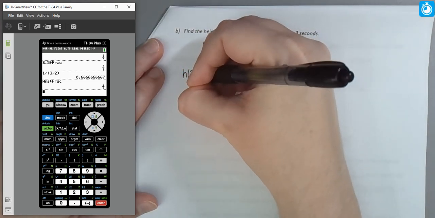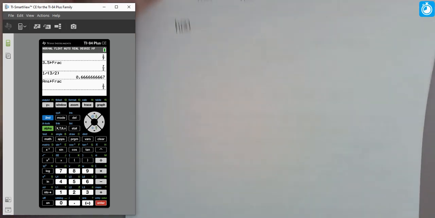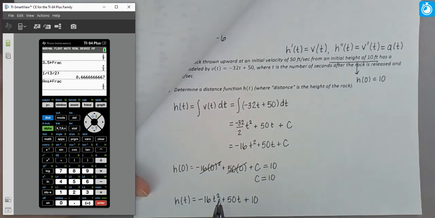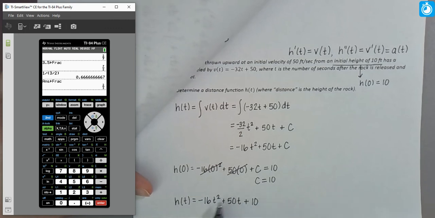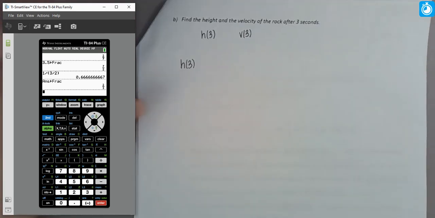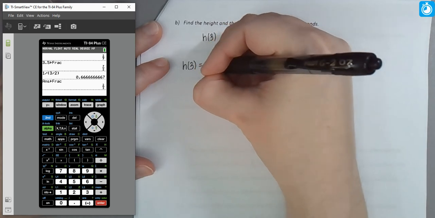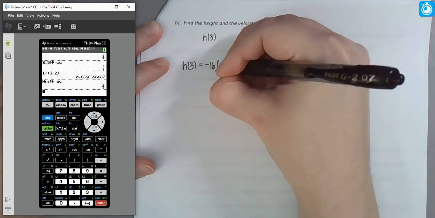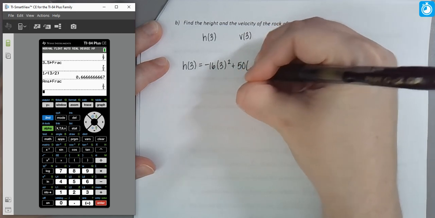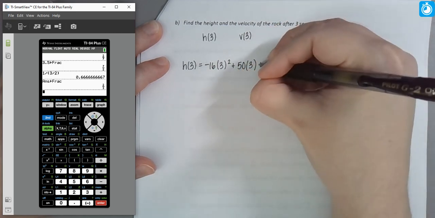We have a function for h, we have a function for v, we can find both of these values. So h of 3, well, let's flip back over, get our height function, what we just found. So it's going to be this expression, but we're going to sub in a 3 in place of t. So negative 16 times 3 squared, plus 50 times 3, plus 10.